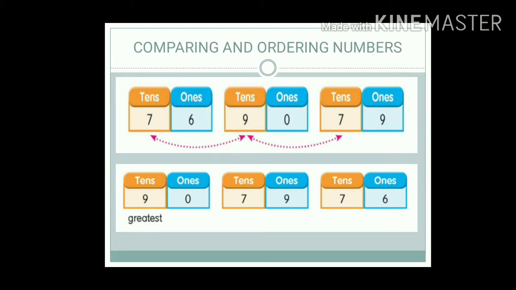Greater will be 9 in the ones place. So 79 is greater than 76. Okay children, so what did we understand? We can see that 90 is the greatest of all, then comes 79, and 76 is the smallest of all. Alright, so children, this is how we compare and order numbers within 100.